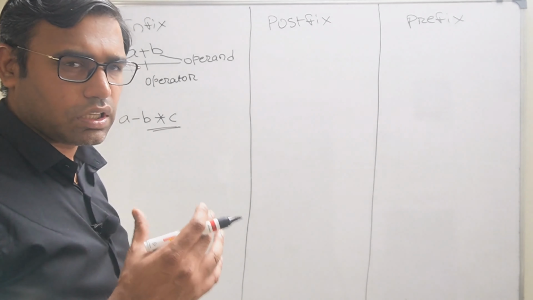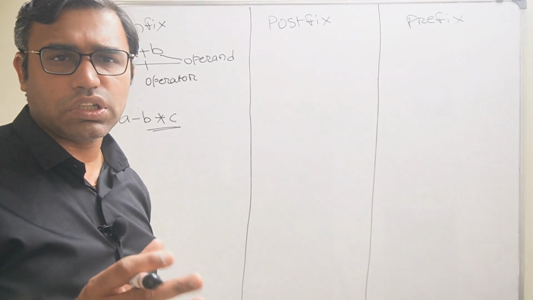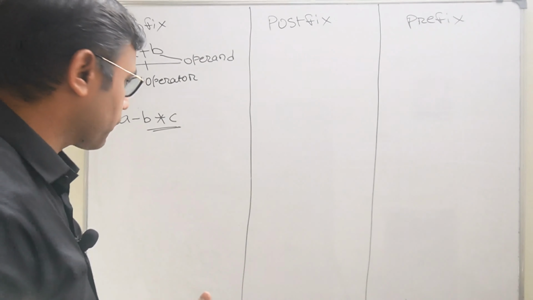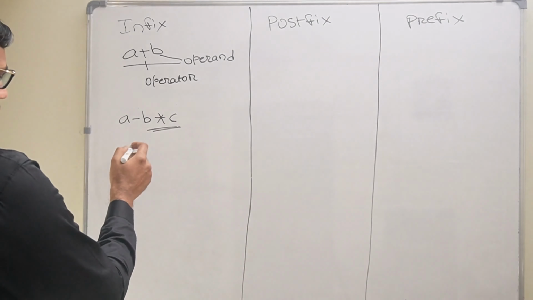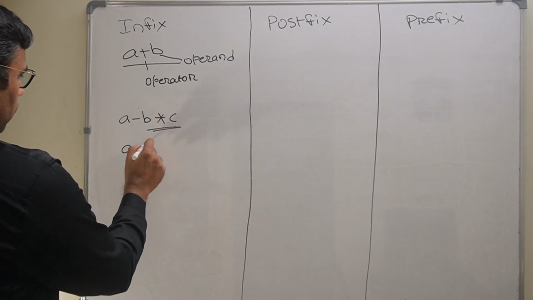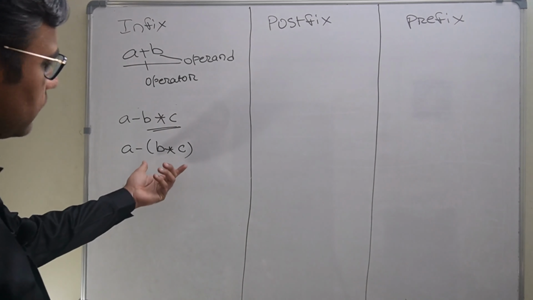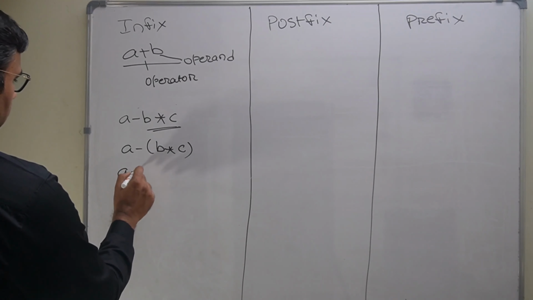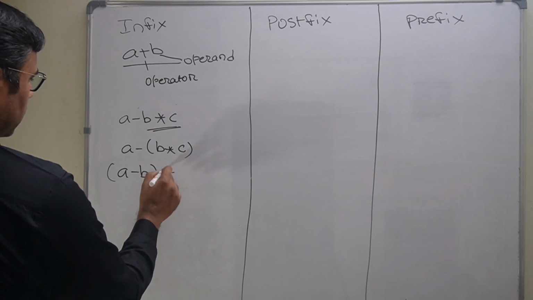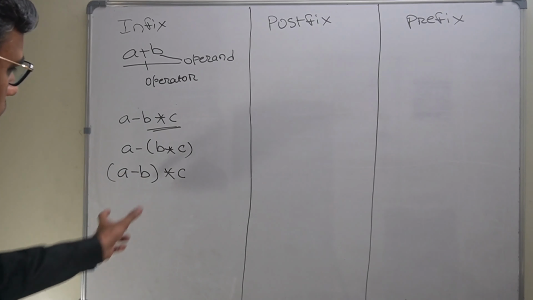That's why there is always confusion or ambiguity in the infix notation. If you do a simple calculation and assign b star c, then definitely this will be calculated. But if you write a minus b, star c, then what will happen in this case?